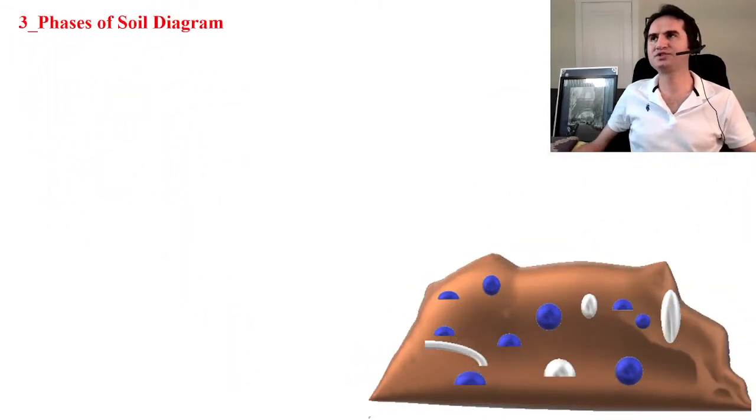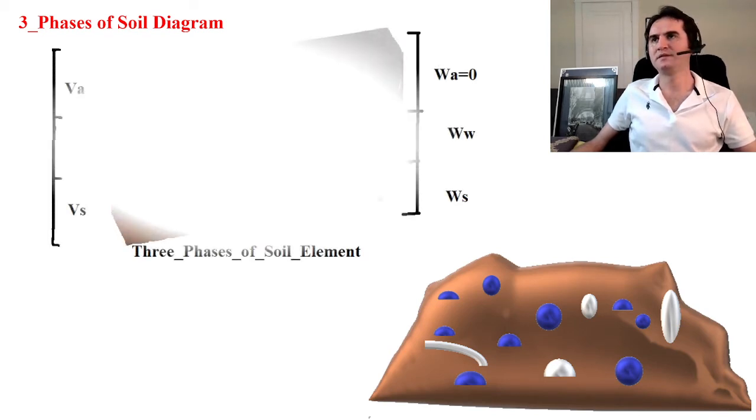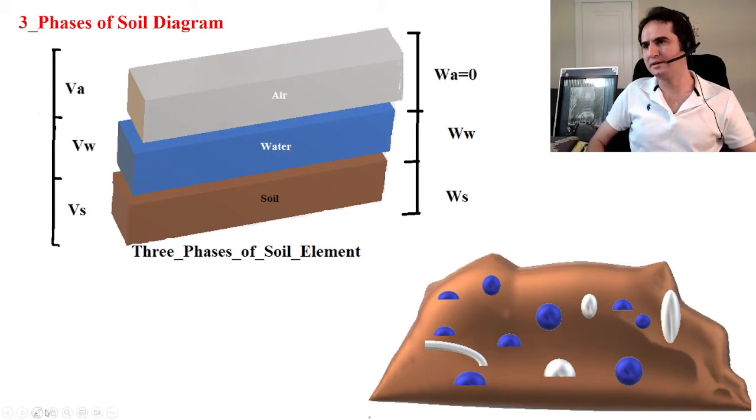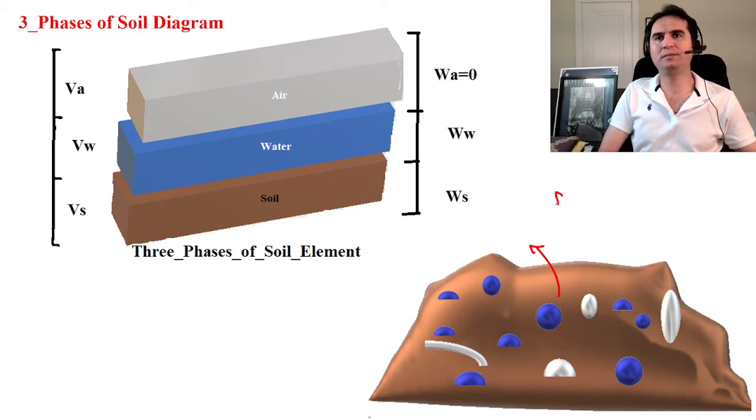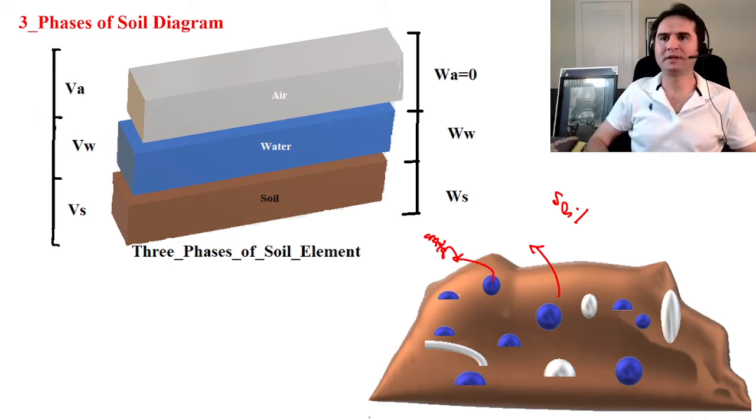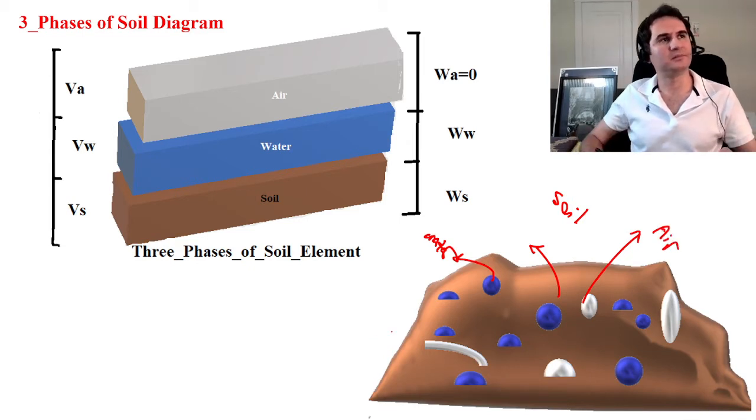Before everything, let's jump to the three phases of soil diagram. If you look at the configuration of a mass of soil, there is the soil body, water bubbles, and also some trapped air inside the main body, or structure, of the soil.